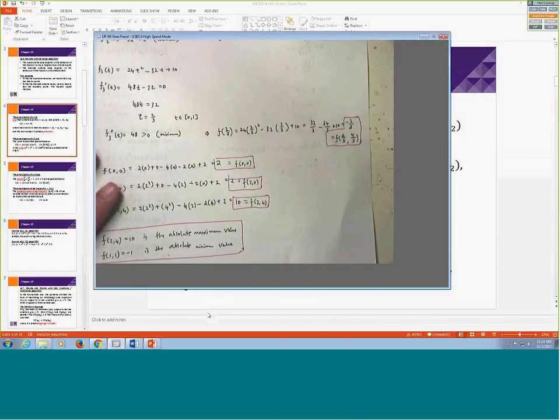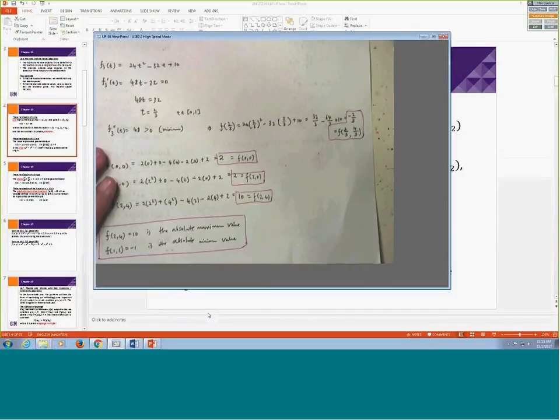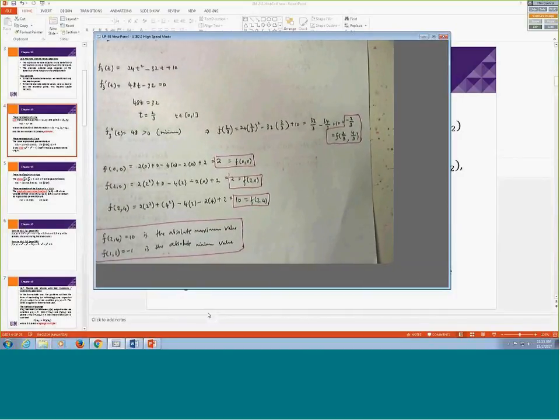Now you have so many local minima and maxima, so you combine all the values.